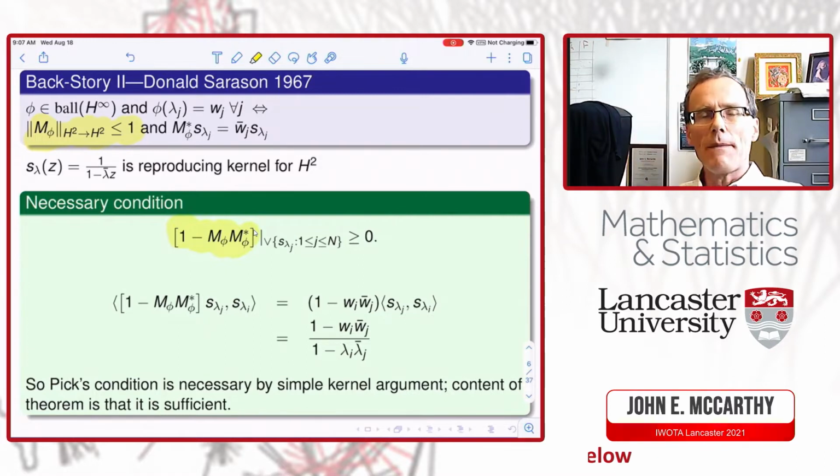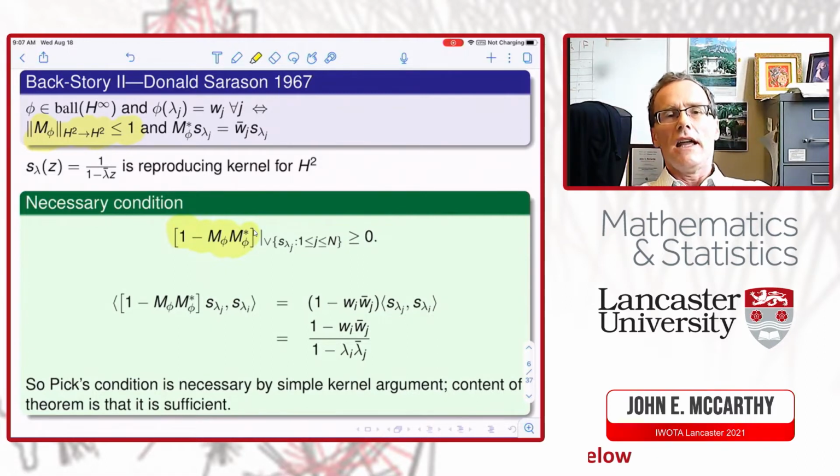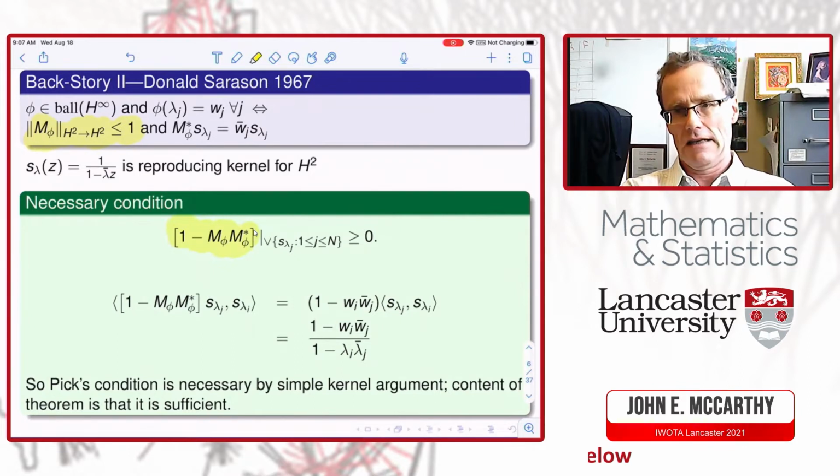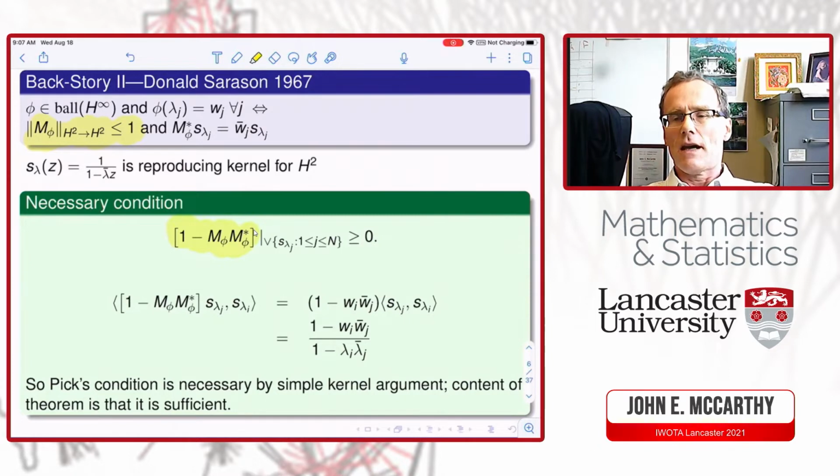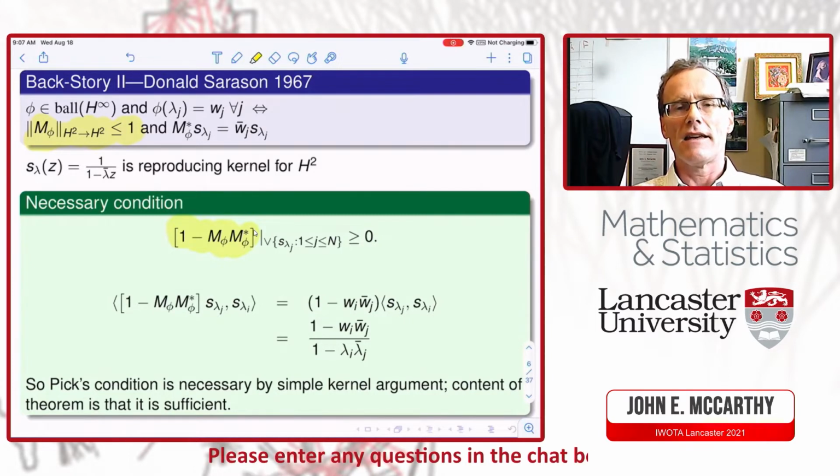So if it's positive semi-definite on all of H2, in particular, it has to be positive semi-definite when you cut it down to a subspace. So if we choose the subspace spanned by the Szegő kernels at the points lambda j, that's an n-dimensional subspace, and 1 minus M phi M phi star has to be positive semi-definite on that space.